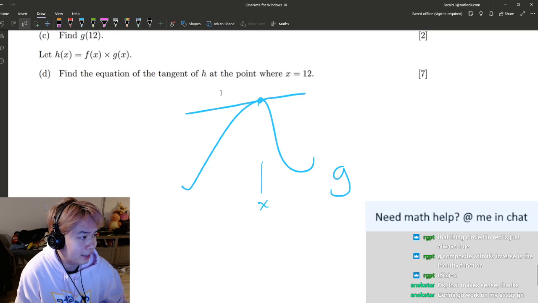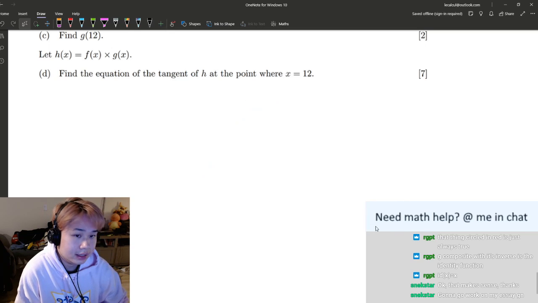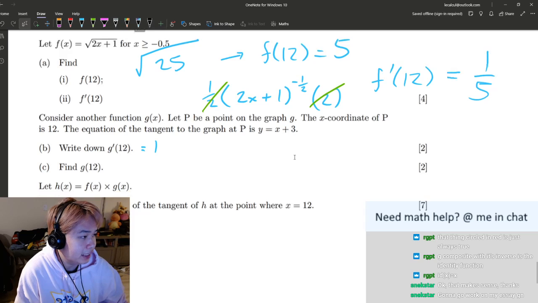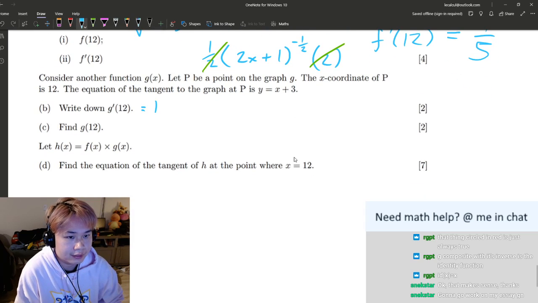Otherwise, it's not touching the graph there. So I can plug in 12 into the equation of a line and get g of 12. So that's 15.